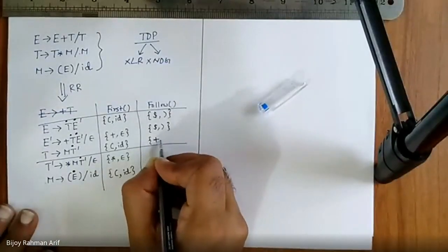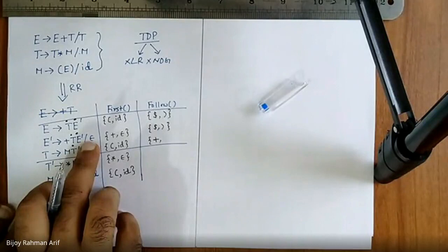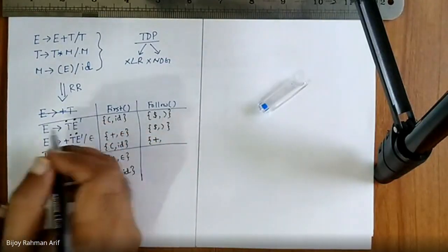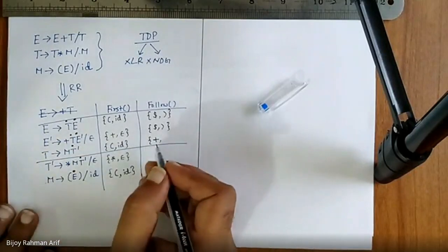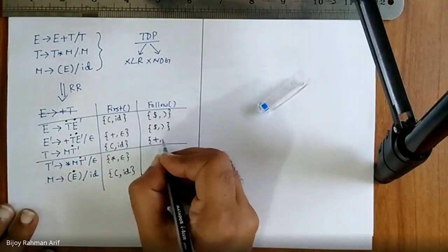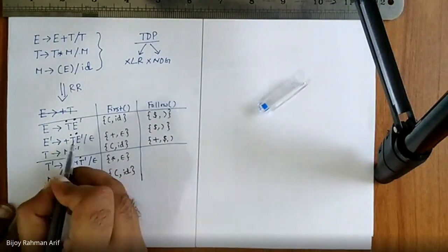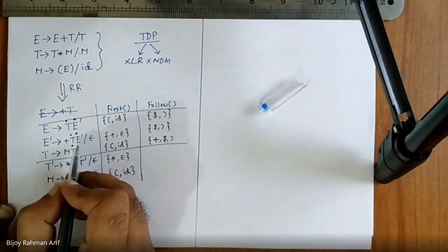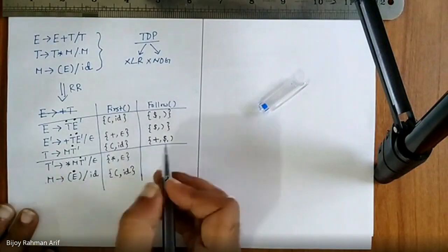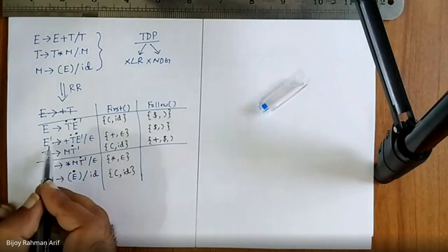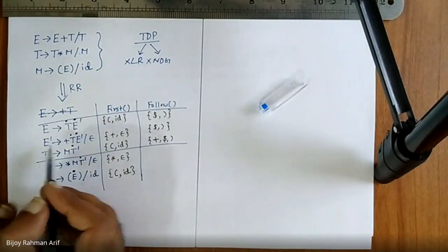Plus and epsilon. If you put epsilon, then this one is vanished. So T appears at the last rightmost position, so it is nothing but follow of E, which is dollar and close parenthesis. And for this one, T is followed by first of E dash, which is plus and epsilon. If you put epsilon, this one vanishes, and follow of E dash is nothing but dollar.